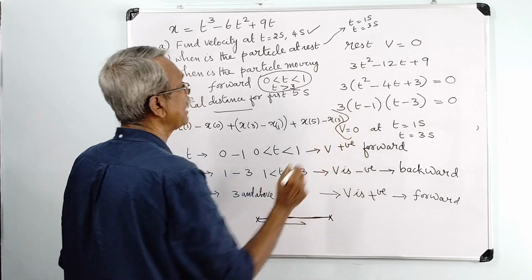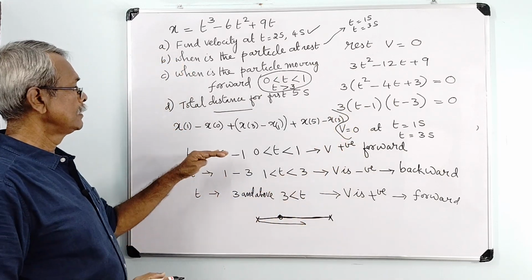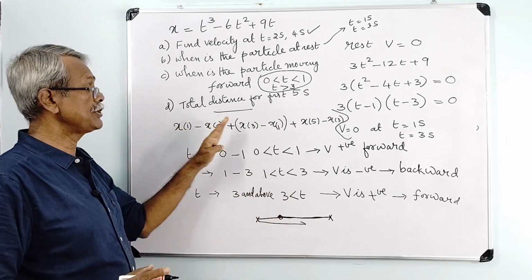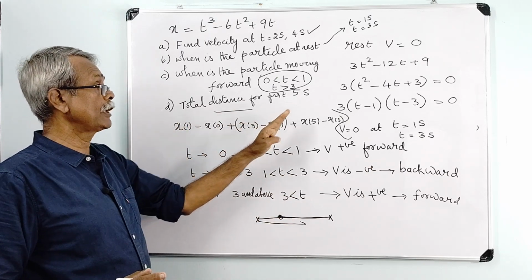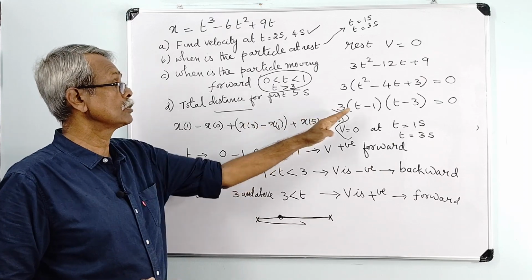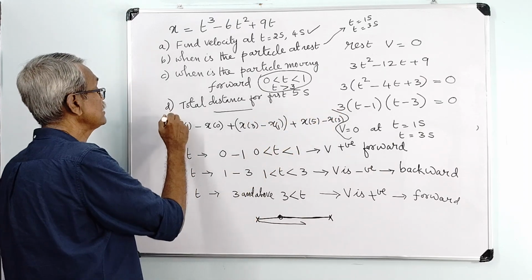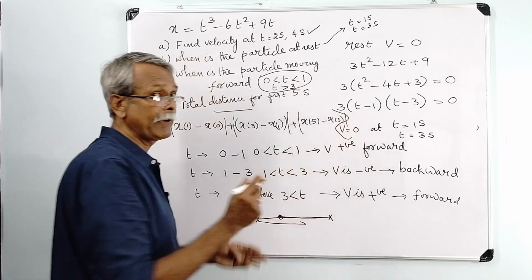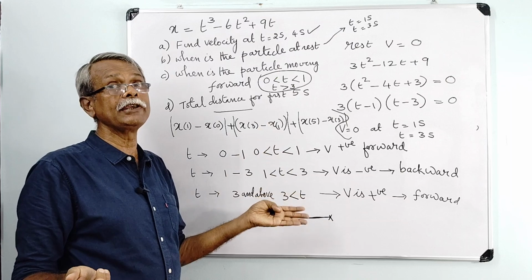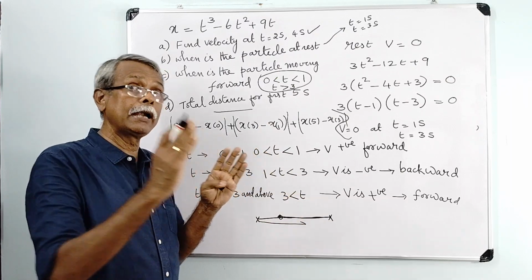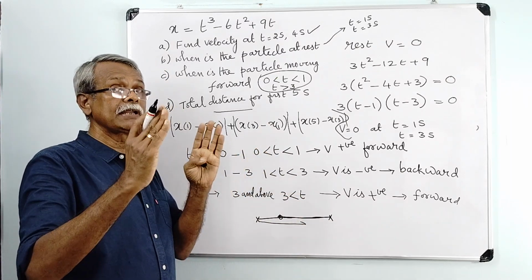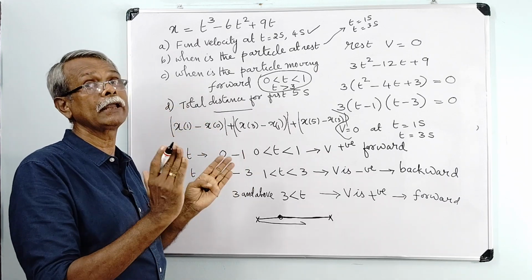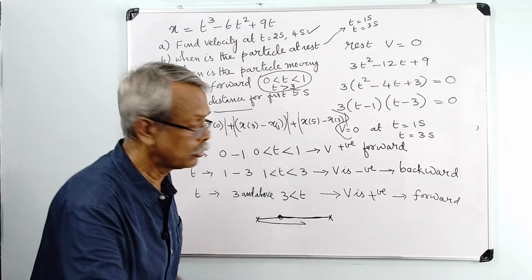You have to work out in this manner, because you have to divide it into 3 time segments. 0 to 1, you calculate the distance. 1 to 3, you calculate the distance. 3 to 5, you calculate the distance. And take the modulus of all of them. You should not take the sign. It may happen that something will become negative, but you should not subtract. You add all of them, because distance is always a positive quantity. You have to take the modulus of that difference. So we will work out that.